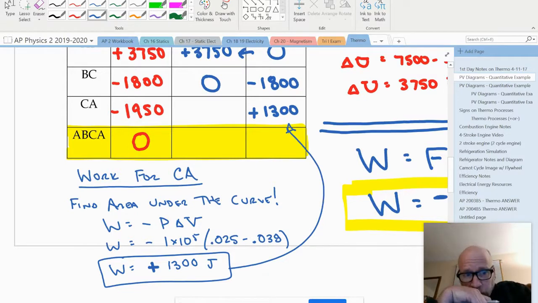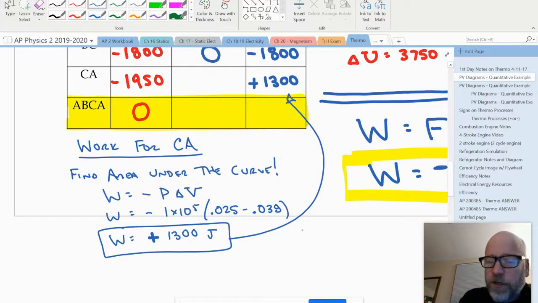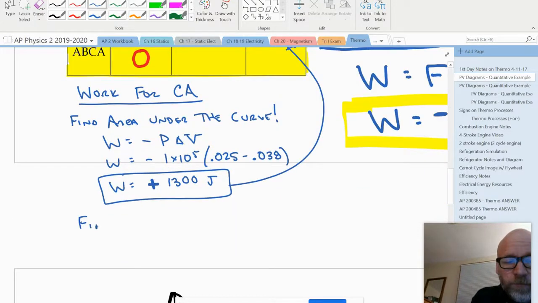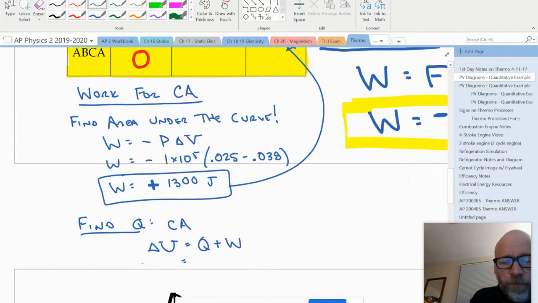So then, to find Q, stay with me, we got this. To find the heat during process CA, let's say the change in internal energy equals Q plus W. The change in internal energy is negative 1,950.